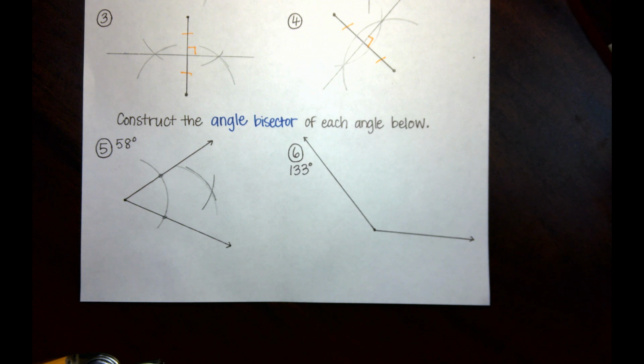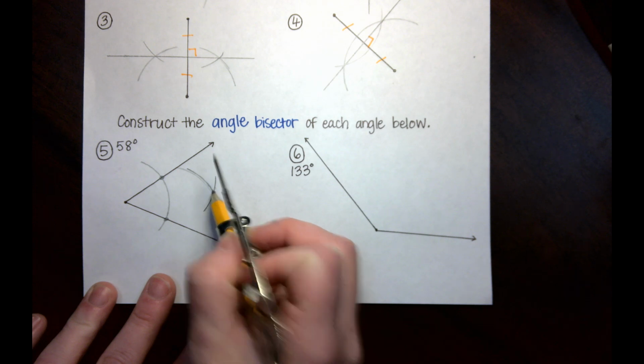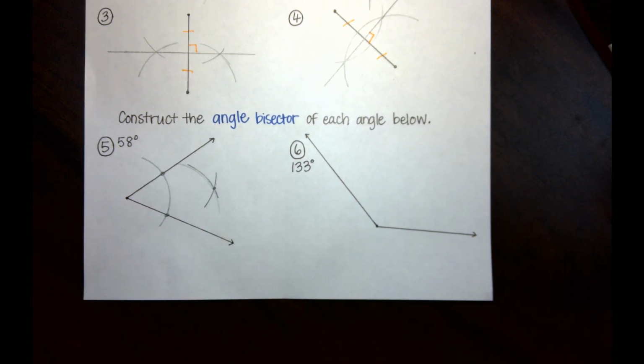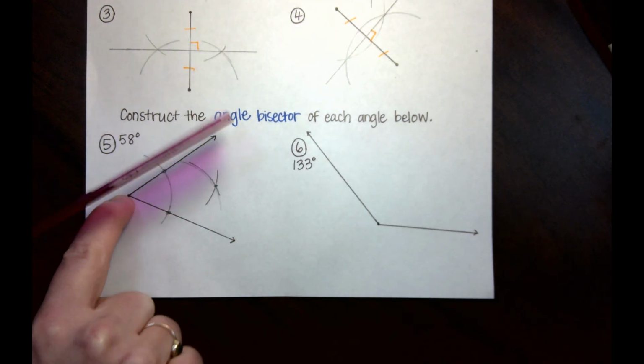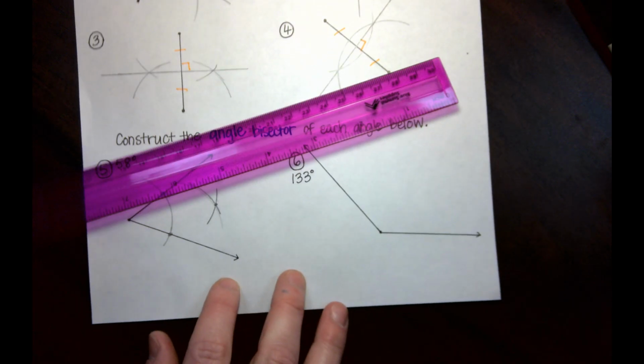Okay, so now what's our last step? Mark your intersection. Mark my intersection right there. And where am I drawing my line? From the vertex to the intersection. Yes, and thank you for saying vertex. We're going to go from the vertex to this intersection. It's going to cut our angle in half.